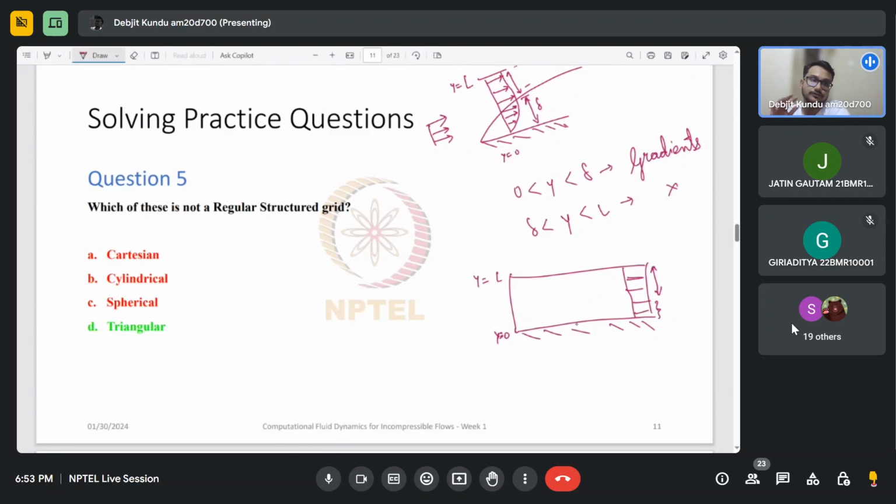So first of all, if you know that there are going to be gradients near this wall, you take a very fine mesh in this region. And then as you go away from that high gradient region, you can use a bigger mesh size and keep your computational cost to a minimum. But this local refinement is required to capture those gradients.